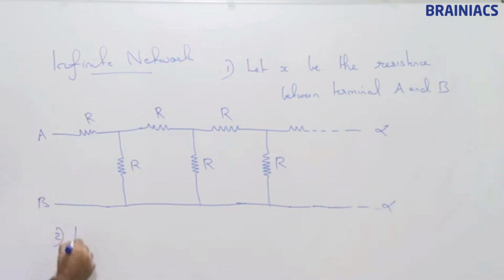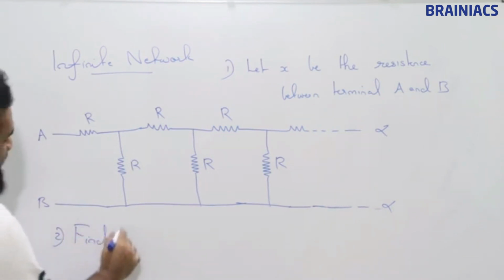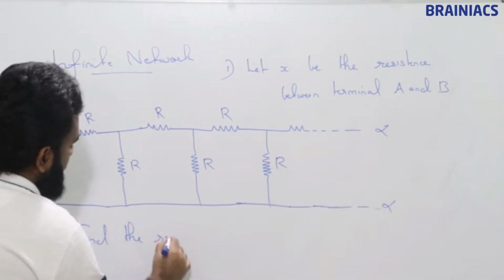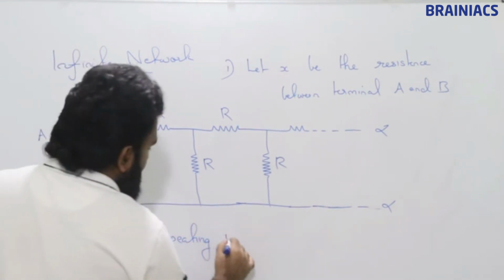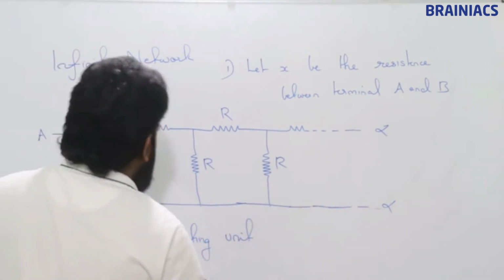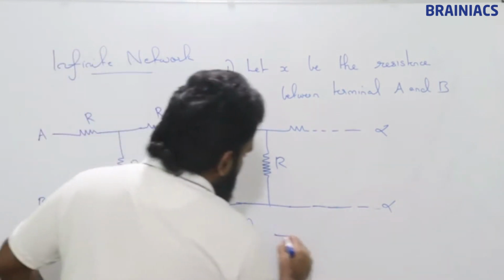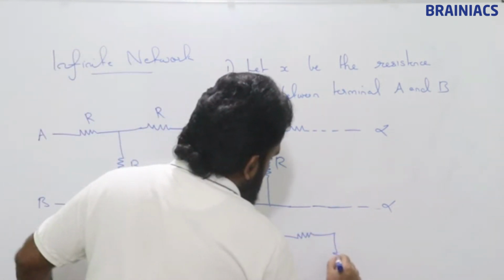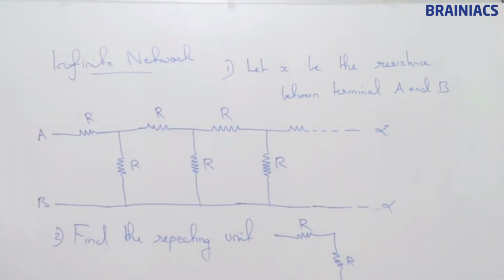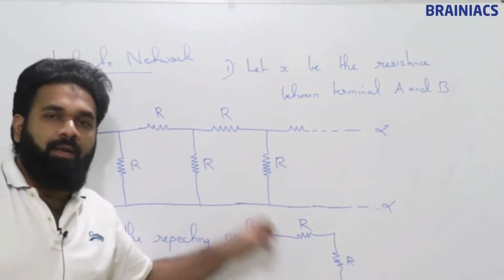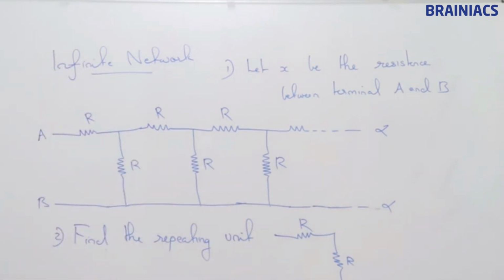Another is, find the repeating unit. So here the repeating unit is this. So here if we make a mistake in finding the repeating unit, then the entire problem will go wrong. So we need to be careful about this.